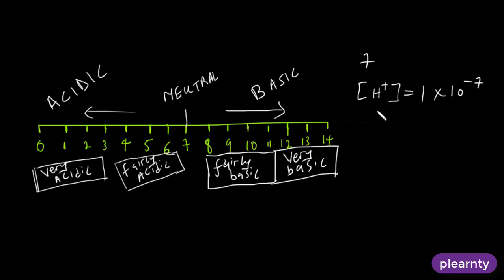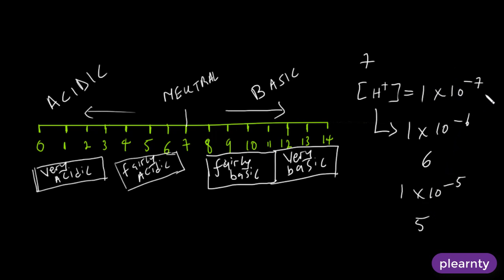So when you have another solution that has its hydrogen ion concentration to be 1 times 10 raised to power minus 6, the pH of this is going to be 6. Let's say you have another one that is 1 times 10 raised to power minus 5 and the pH is 5. Now look at this number and this number.